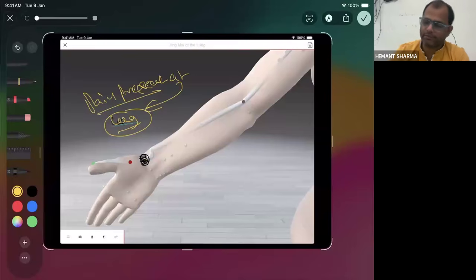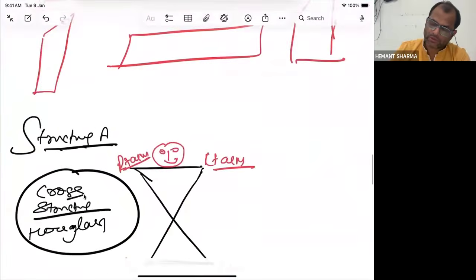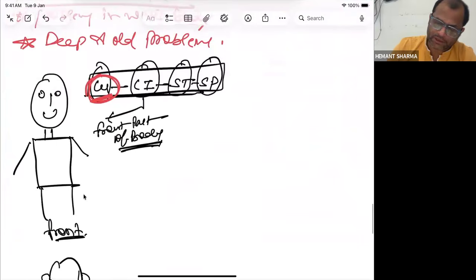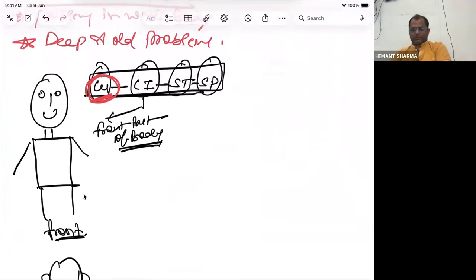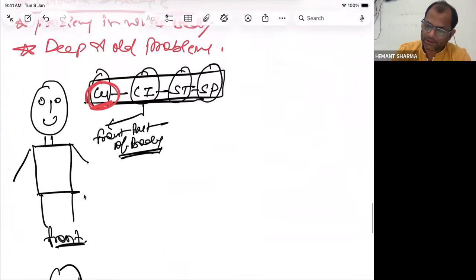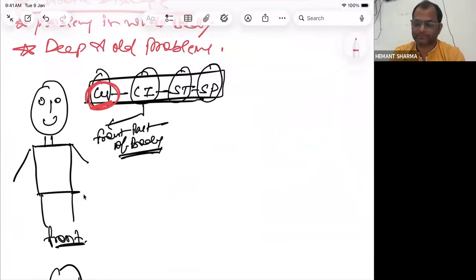So how can we make the planning? Because this pain is very chronic, very old, very deep, I want to treat the lung meridian. So this is lung. I am choosing the cross pattern.